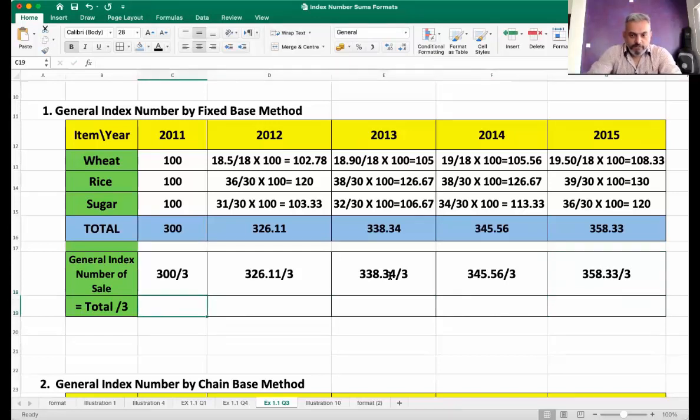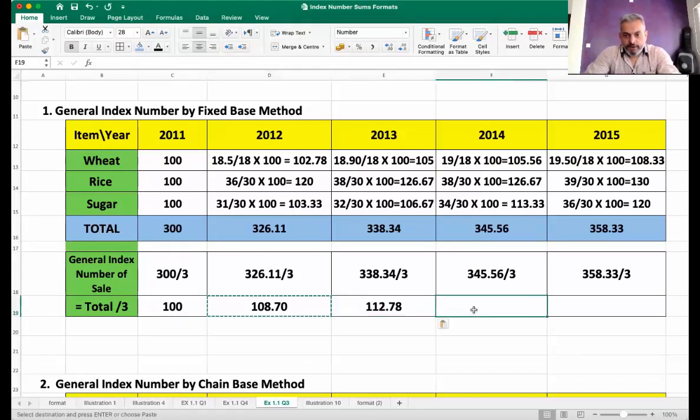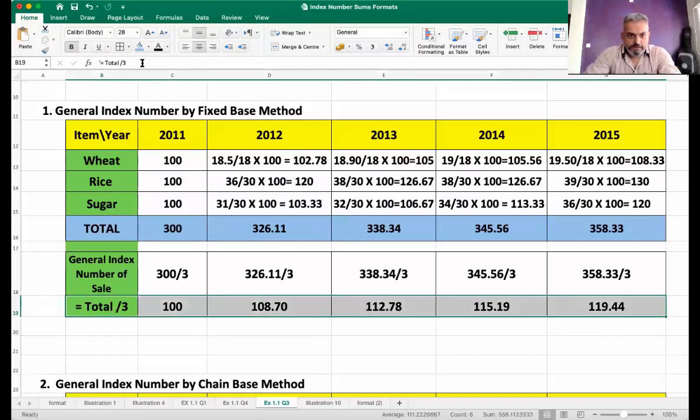So let's find out. So 100, then 108.70, we go only up to two places. Then 112.78, 115.19 and 119.44. Important, this is our final answer.